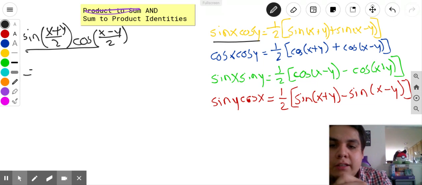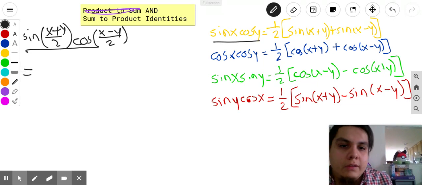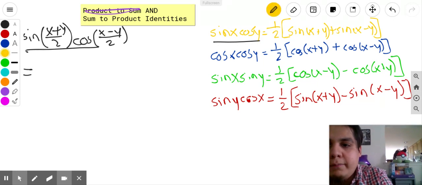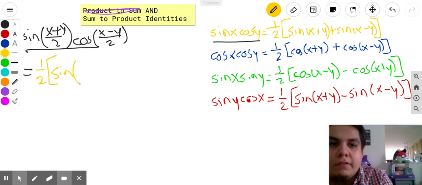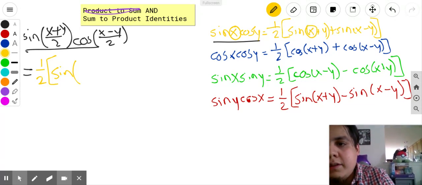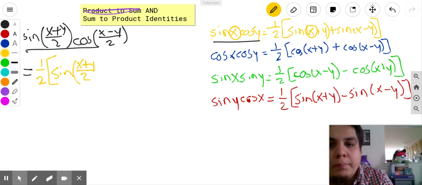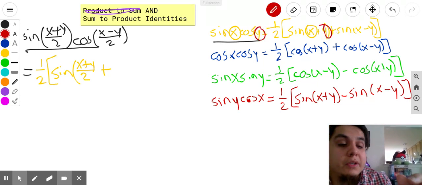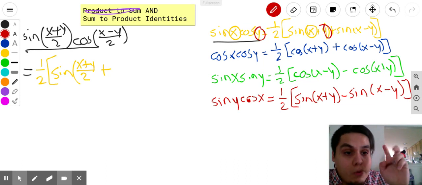So that means that this should equal 1/2 sine of, now the x was whatever was inside the sine function. So I'm going to use that x plus y divided by 2, plus whatever was in the y, whatever's in the cosine is going to act as that y value.